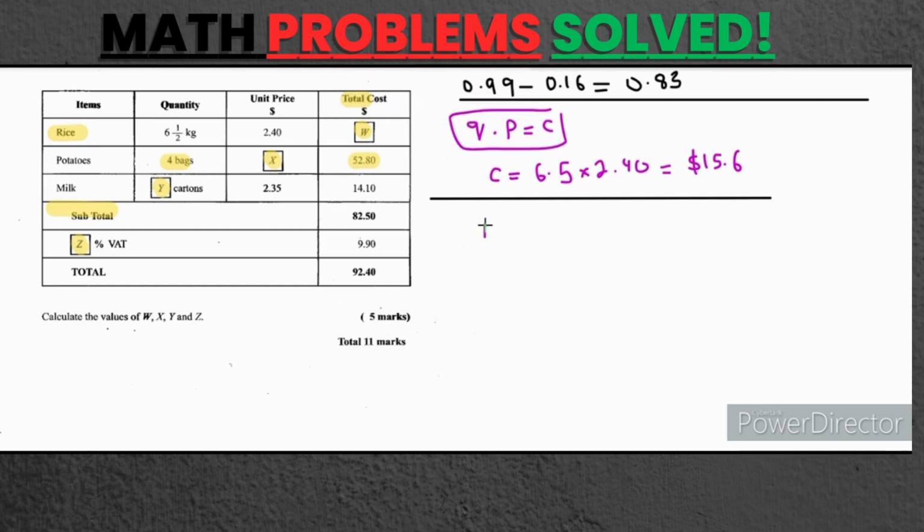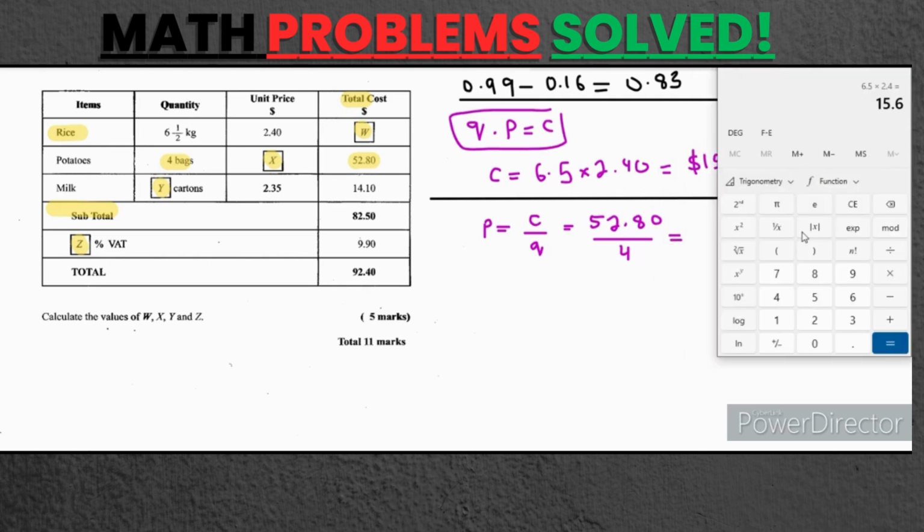So if we represent unit price as P, then from this equation it will be C over Q. You should know C is the total cost and Q is the quantity, right? So the total cost here is 52.80, divided by the quantity, which is 4 bags, so 4.